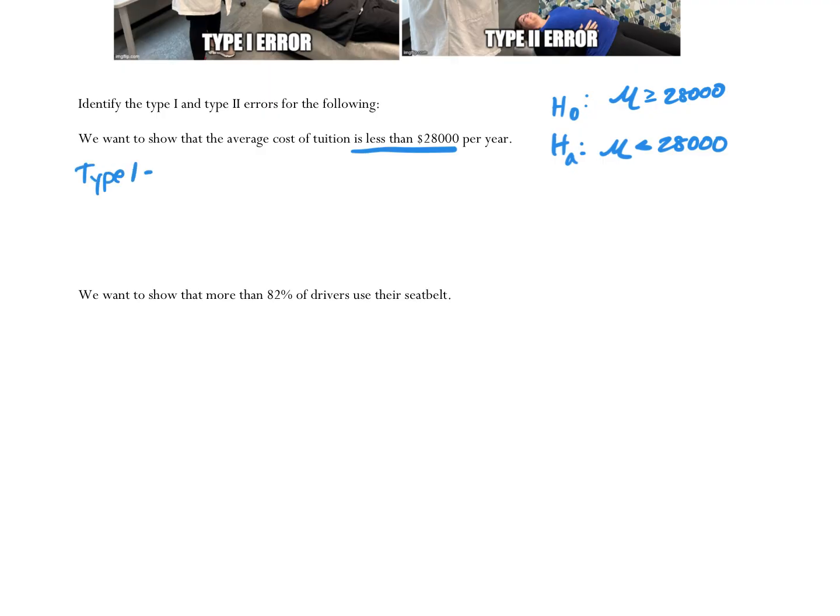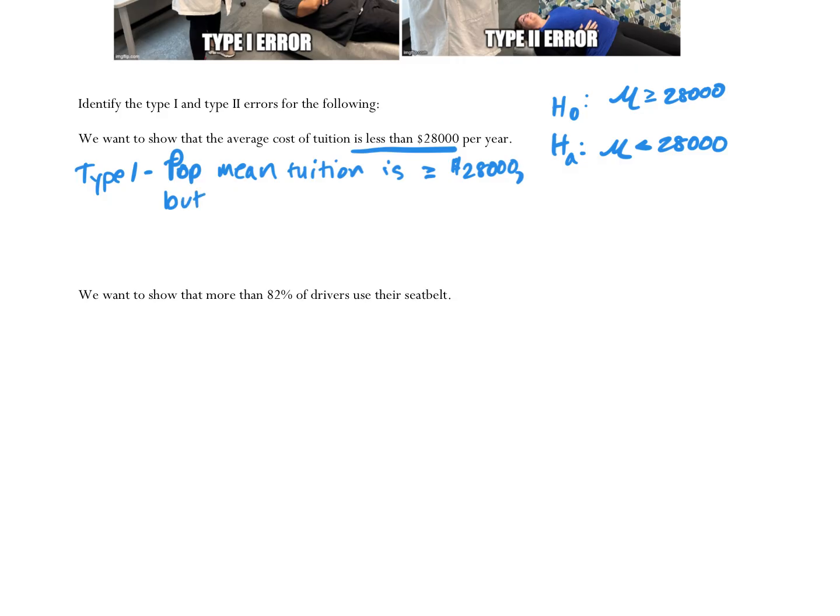the null is true, but we conclude the alternative. So the null being true would be that the population mean tuition is more than, or it's greater than or equal to $28,000.